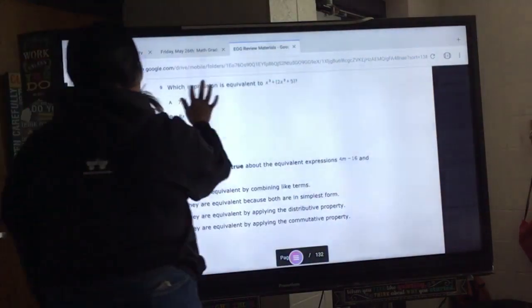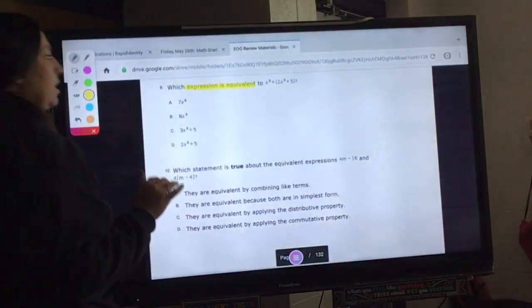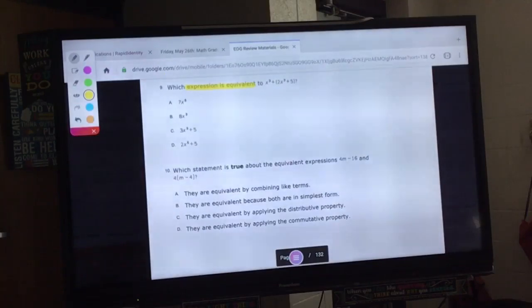So it says which expression is equivalent to x to the third plus 2x to the third plus 5. All right. What do we have to do here? Even if you didn't get to this problem, that's fine. What do we have to do?